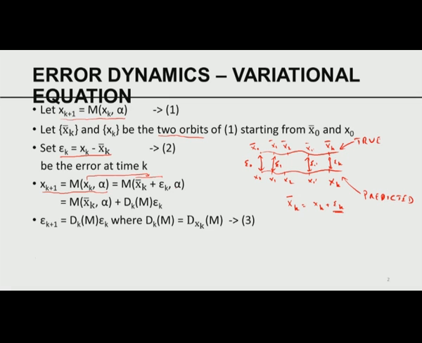So in this case, what are we interested in? Assume the model is perfect and deterministic. Assume I know all the parameters in the model absolutely precisely. So if there is any forecast error, that is directly attributable to only errors in the initial condition. And the errors in the initial condition, where do they come from? They come from estimates.